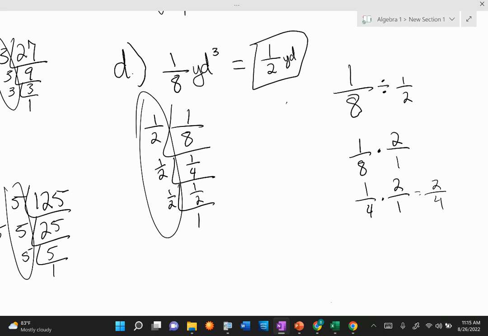If I have 1/8, instead of worrying about doing the whole fraction all the way down, if I'm taking the cube root of this whole thing, which is what we're doing, you actually can just separate it and do the cube root of 1 over the cube root of 8, which is a little easier to think about. So what's the cube root of 8? Yeah, it's just 2. What's the cube root of 1? 1. So it's 1 over 2.